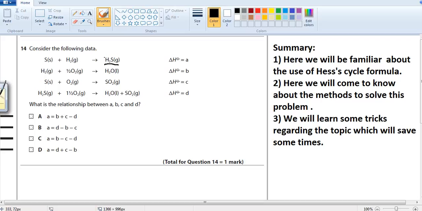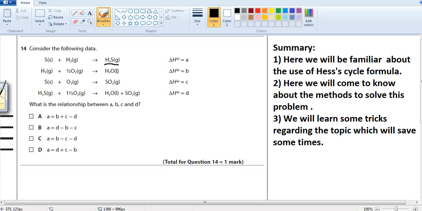How do we know that? That's because a substance is formed from the required amount of elements. So this makes the formation enthalpy. This is also the formation enthalpy, and this is also the formation enthalpy as well, since these are all formed in one mole. I hope that you have understood.